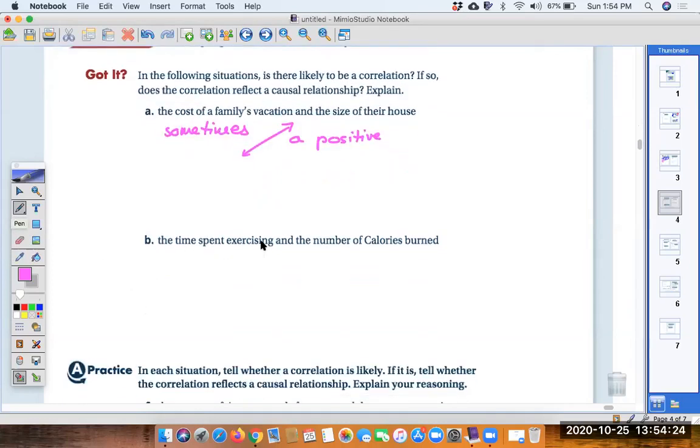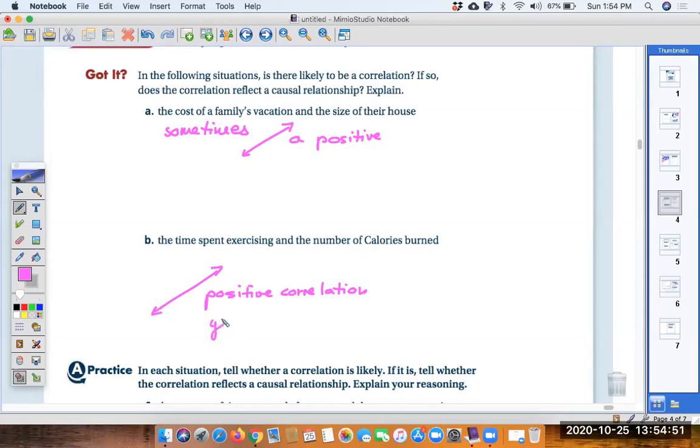The time spent exercising and the number of calories burned: definitely a positive correlation. You exercise, you're going to burn calories. There's no other way. And does your exercise cause you to burn calories?